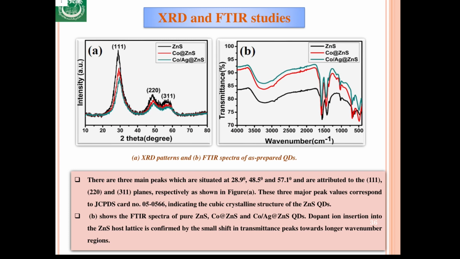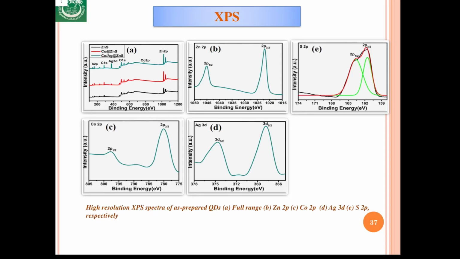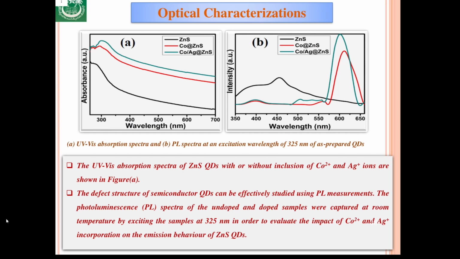The XRD and FTIR spectra confirm the formation of these quantum dots, that the incorporation of these dopant ions was successfully done without changing the basic lattice parameter of these zinc sulfide quantum dots. EDX spectra were also recorded, and that gave us the elemental percentages of the different elements in our quantum dots.